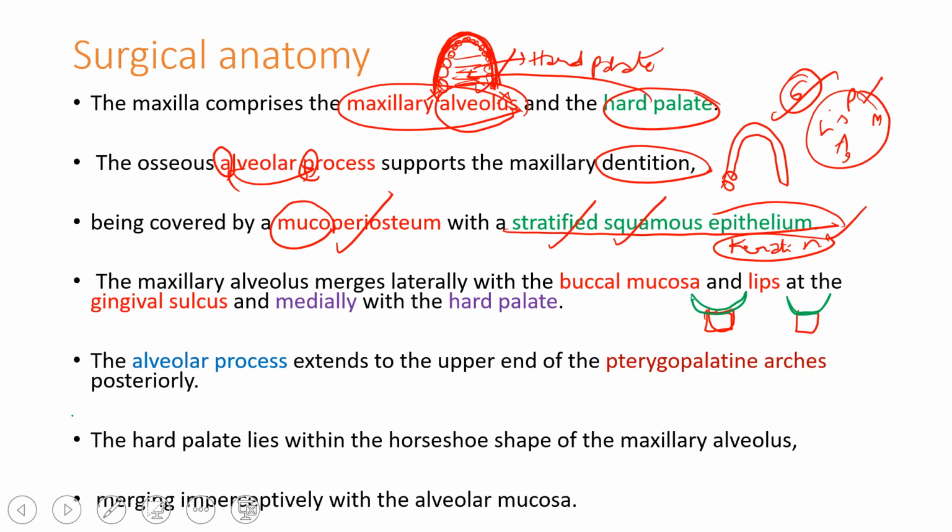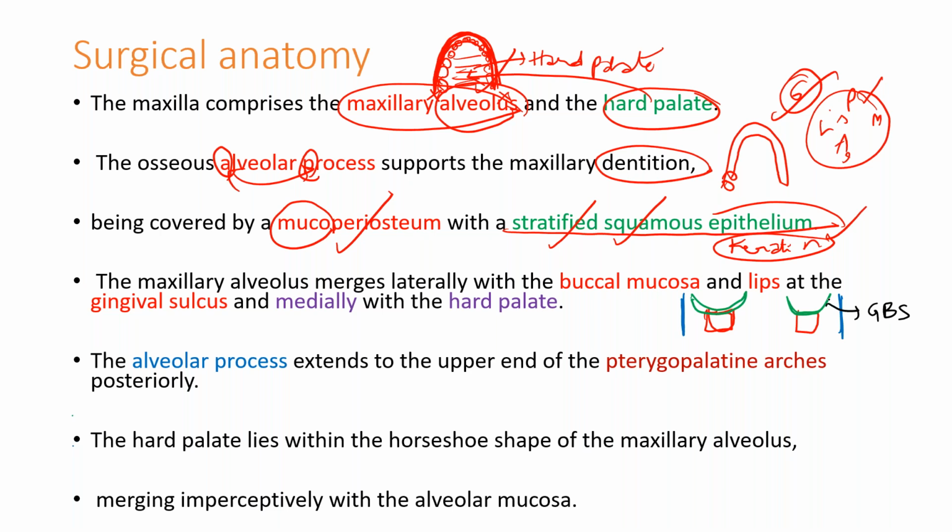Take once again the cheek, on this side and this side. What does this form? This becomes the gingivo-buccal sulcus.